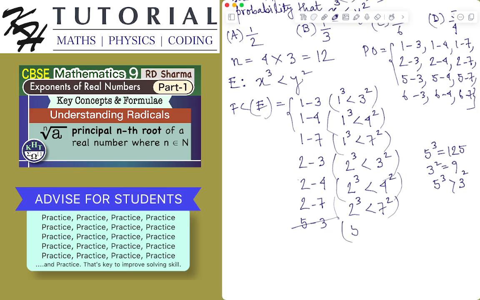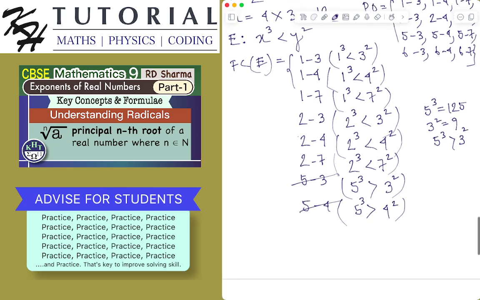Can we have 5, 4? 5 cube is again greater than 4 square, so we cannot have 5, 4. Can we have 5, 7? No, we cannot have 5, 7 because 5 cube will again be greater than 7 square.